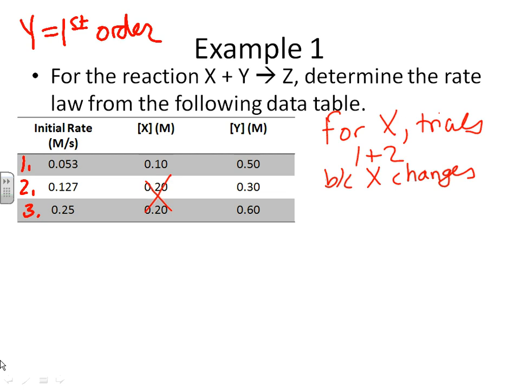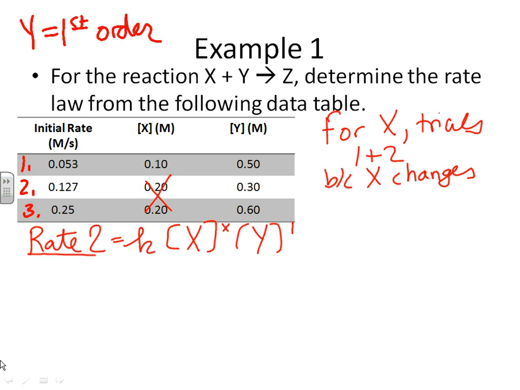So how do you prove it mathematically? Rate 2. But when I say rate 2, I mean trial 2. I'm writing out a rate law. k times the concentration of x to the x, we're trying to figure out what it is, times the concentration of y to the first. I've already figured out that y is first order, so I'm basing this off of information that I've already done.